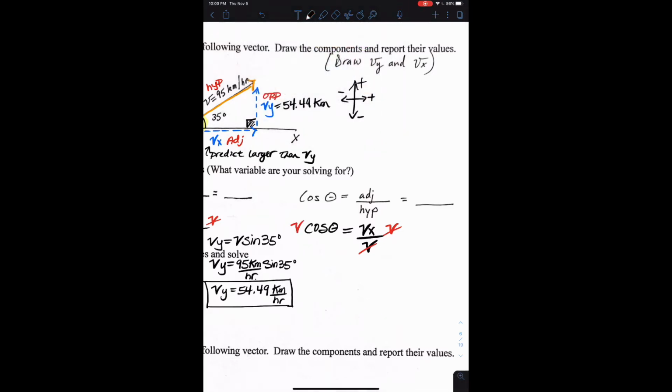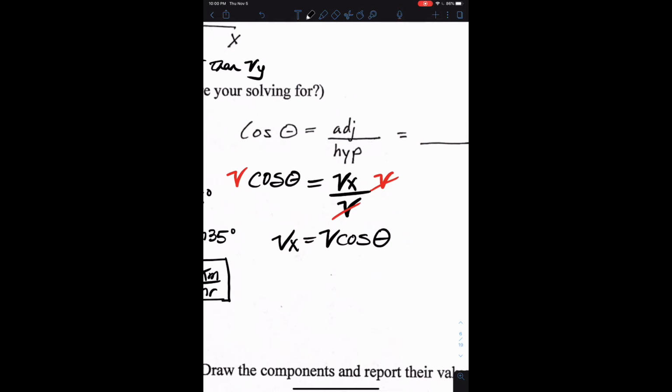Sometimes you can see stuff that isn't directly obvious. So what we're seeing is that Vx is equal to the hip cos the angle, right? That's really what this is. The adjacent equals the hip cosine theta.